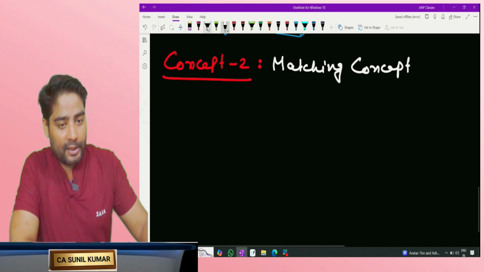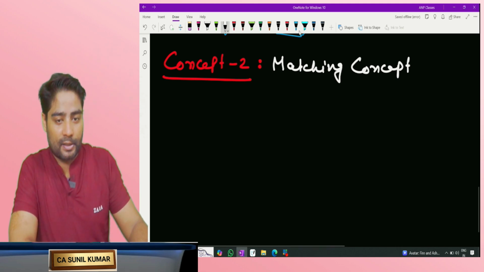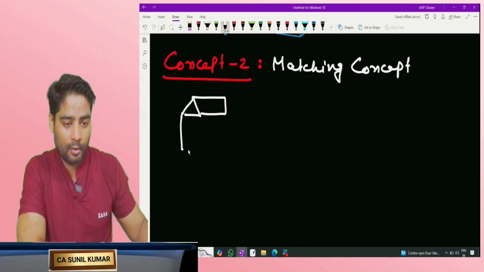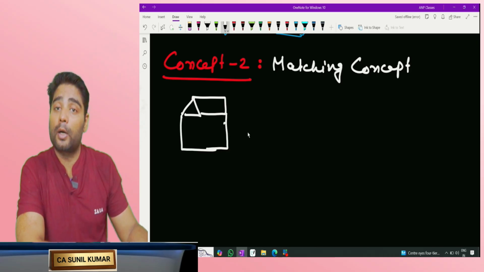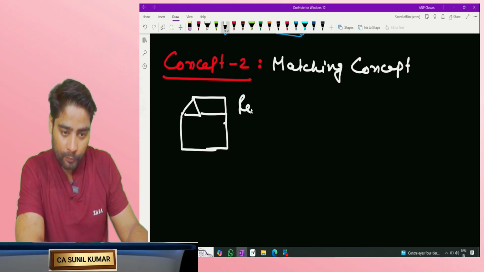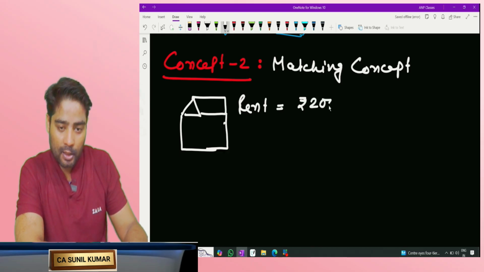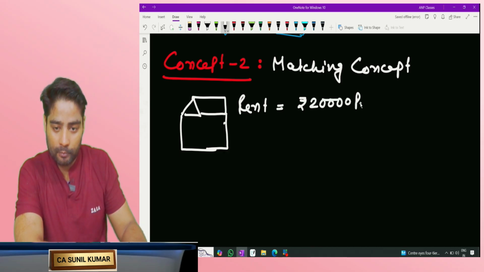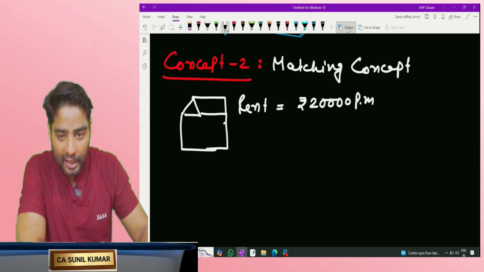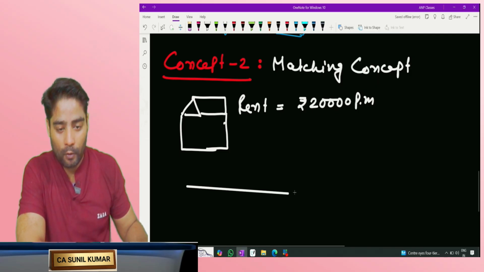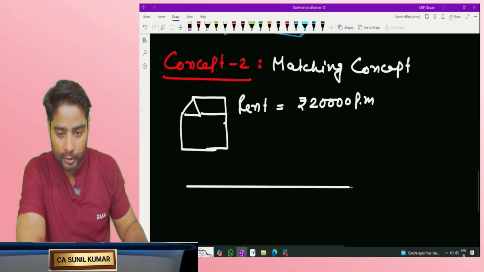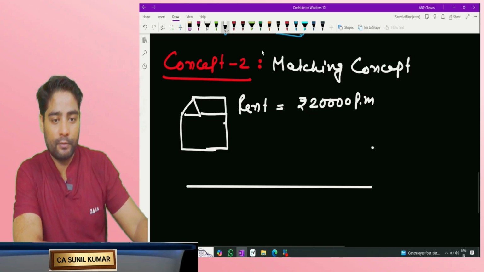For example, let us take an example. Suppose I took a house on rent, and the rent is rupees 20,000 per month, and I have taken that house for the year 25, 26.